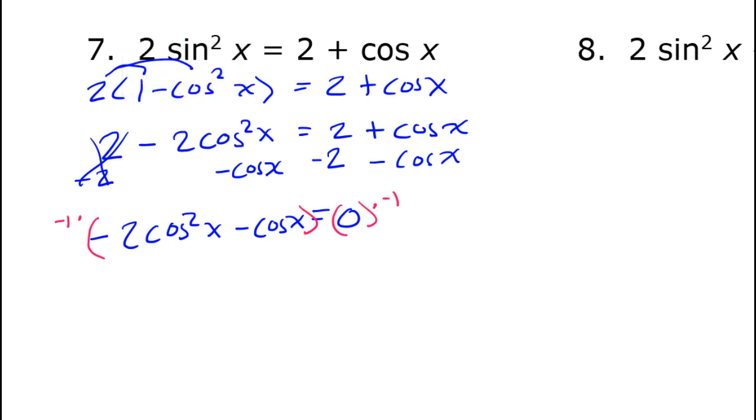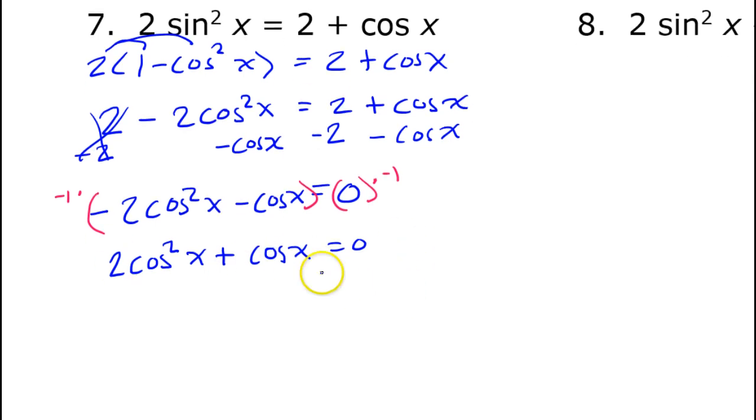So that's going to give me positive 2 cosine squared x plus cosine x is equal to 0. Now I'm going to take out the GCF. I see cosine twice, so cosine x is a common factor. Pull that out. That's going to leave 2 cosine x plus 1.